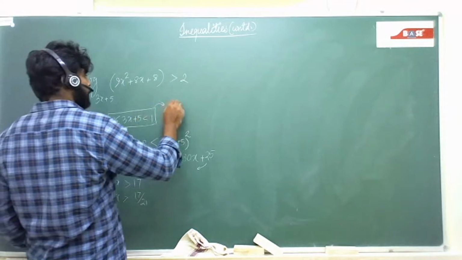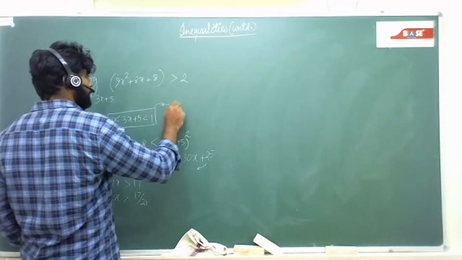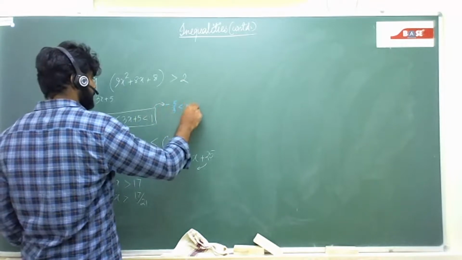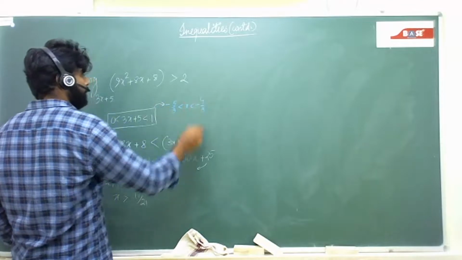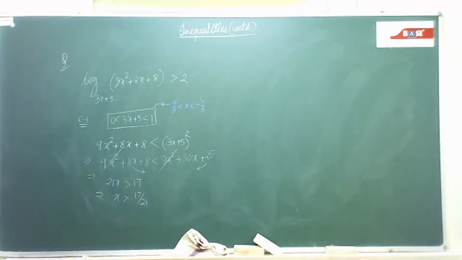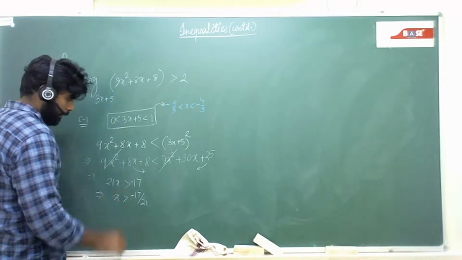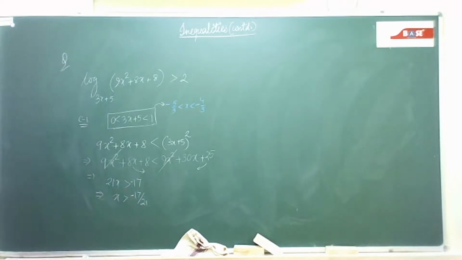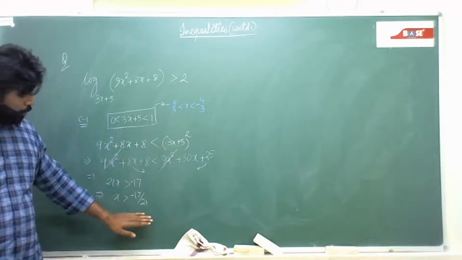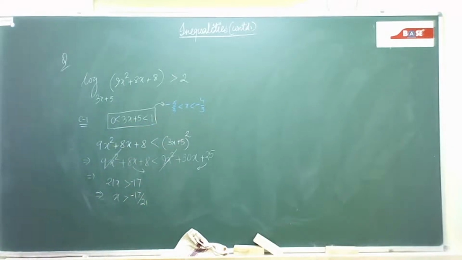So x we are getting, I think, minus 5 by 3 less than x less than minus 4 by 3. I think that is minus 17 here. Minus 17 by 21. We need to take the common region between these two, where both the conditions are valid.